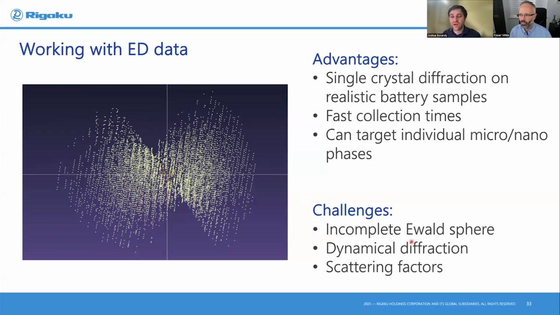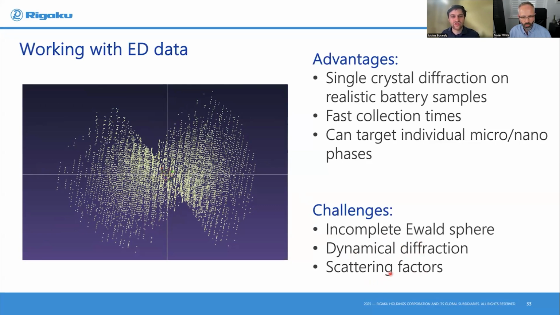We also have dynamical diffraction. So this is the most famous issue, which is that electrons interact more strongly with atoms than X-rays do, and as an effect, you can get double diffraction and other effects that can make it more difficult to solve structures. In practice, oftentimes the structures come out just fine, ignoring dynamical diffraction or handling it, but it's something that you have to think about.